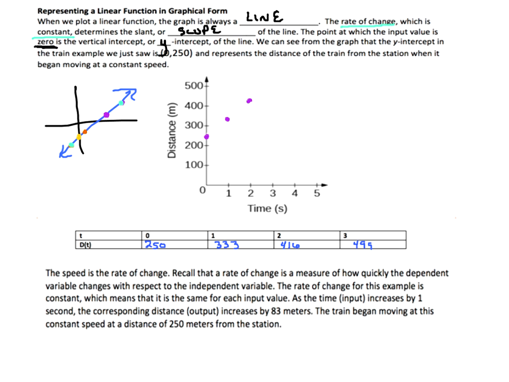And (3, 499) is about right here. And you can see, because there was that constant rate of change of 83 meters per second, I end up getting a line. So the slope or the rate of change of a line is constant.